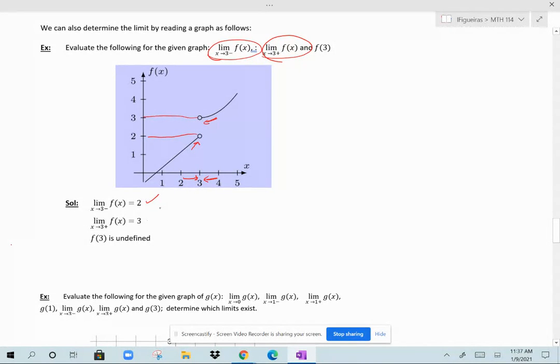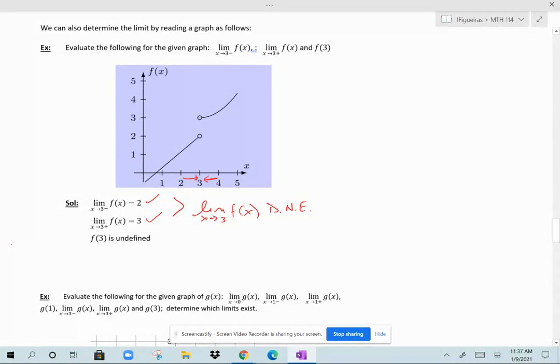So the left-hand limit is 2, but the right-hand limit is 3 as x approaches 3. And so what that means is that the limit does not exist. That's what this means, that the limit as x approaches 3 of f of x does not exist.